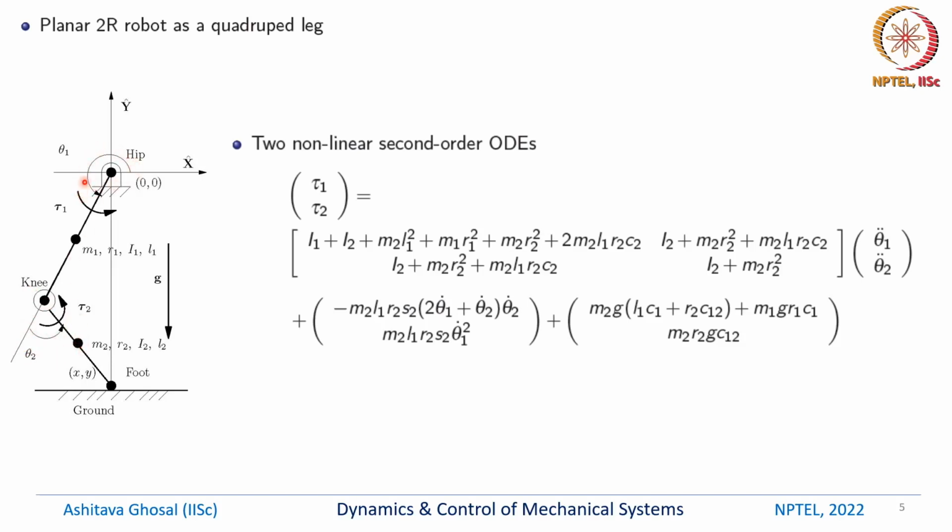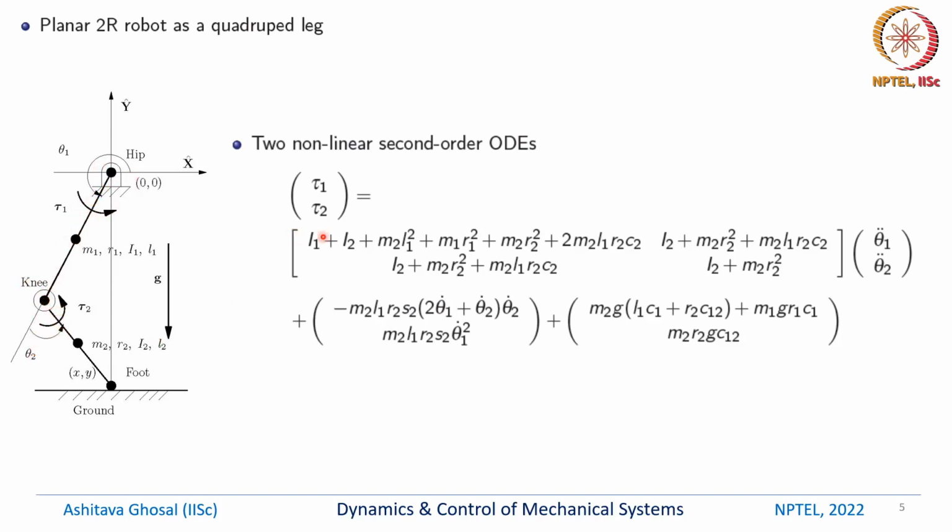The rotation at the hip is denoted by theta 1. There is a torque tau 1 acting due to a motor here. There is also another torque tau 2 acting due to a motor at the knee. Sometimes the motors are kept elsewhere and there could be a transmission between these two joints. We will assume that there is a tau 1 and a tau 2 acting at the hip and the knee.